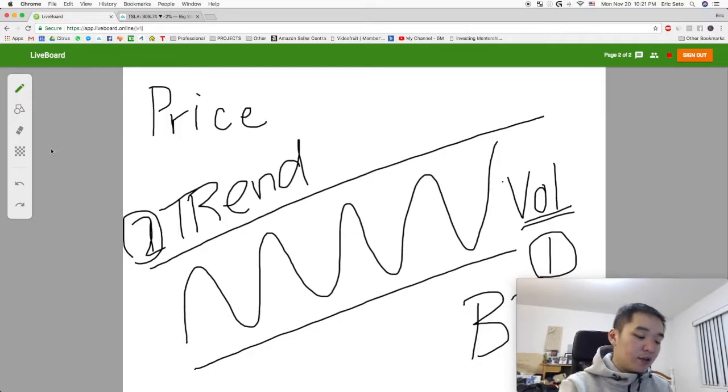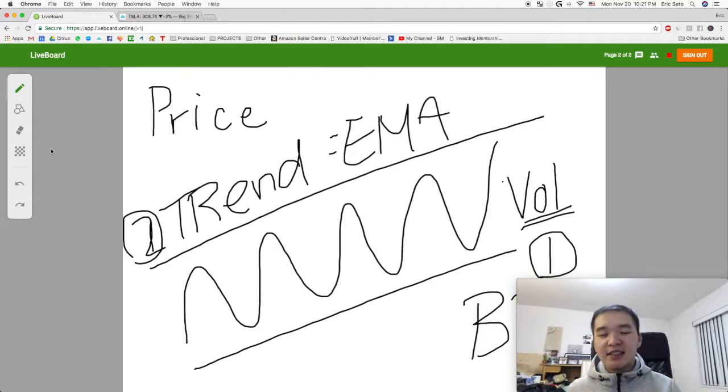And for trend, we have exponential moving average, which is EMA. And that's it. You don't have to use EMA and you don't have to use Bollinger Band. But what's important is that you have two indicators or two methods that help you easily identify the trend and the volatility. And if you understand this concept, technical analysis is a piece of cake.